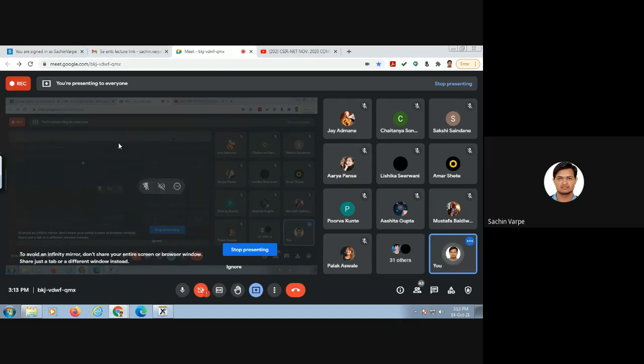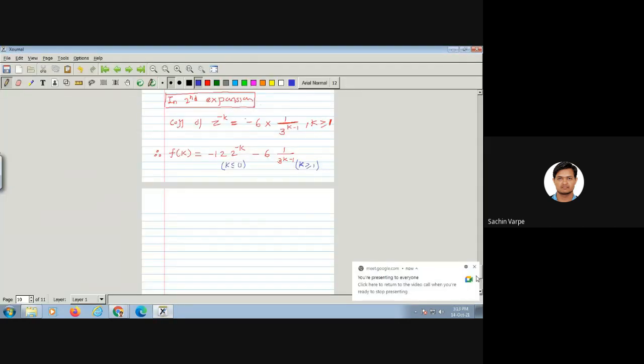F of z is 1/(z minus 3)(z minus 2), for ROC 2 is less than mod z is less than 3. कर सकते हो ना आप लोग?